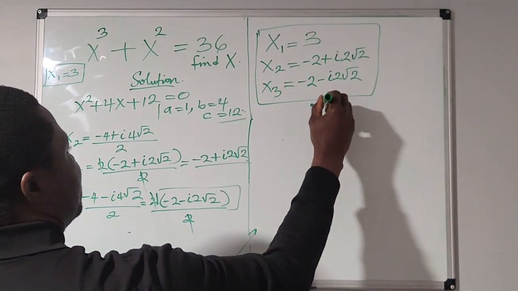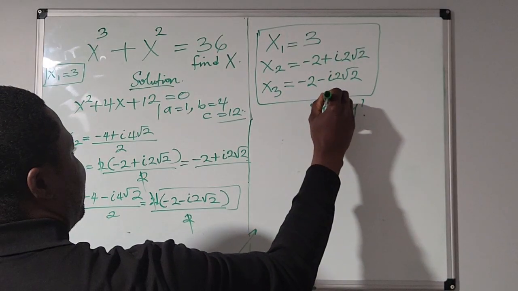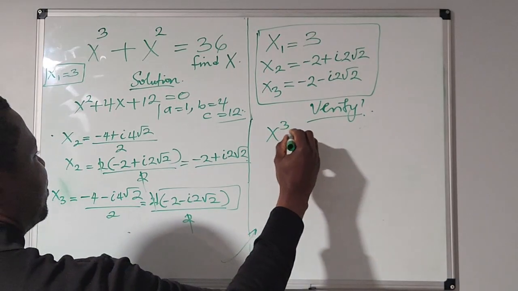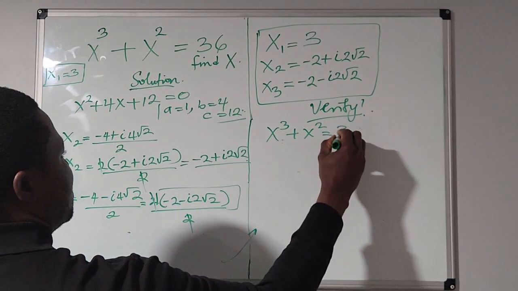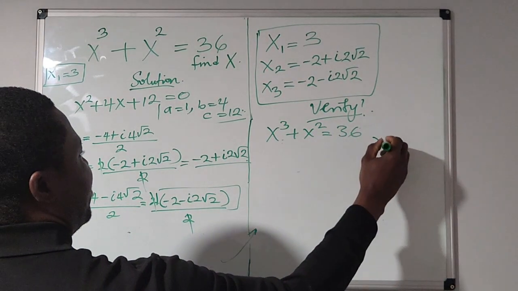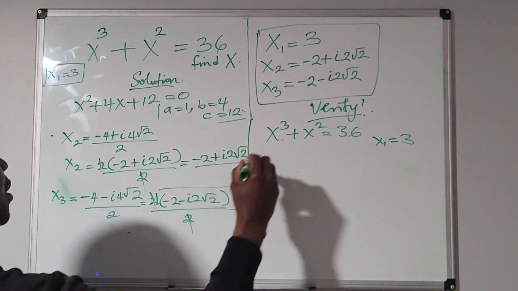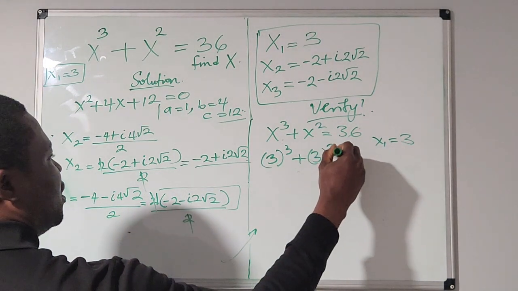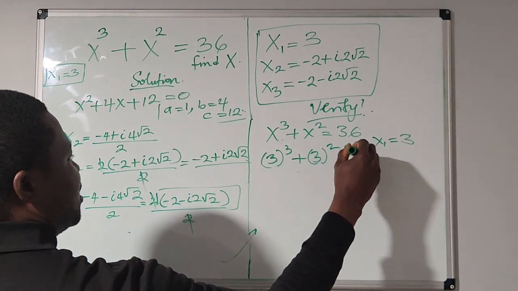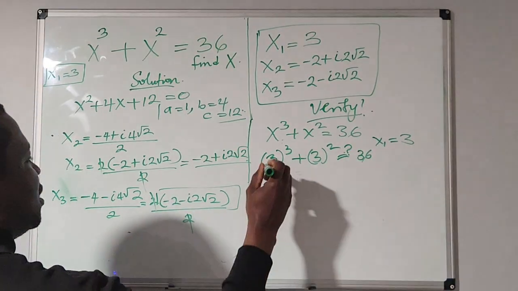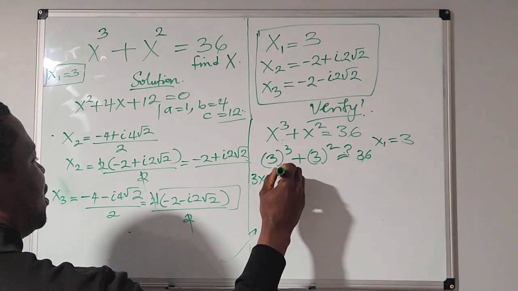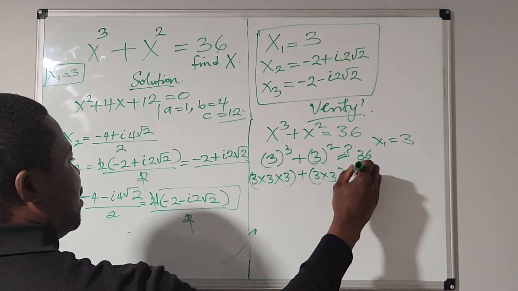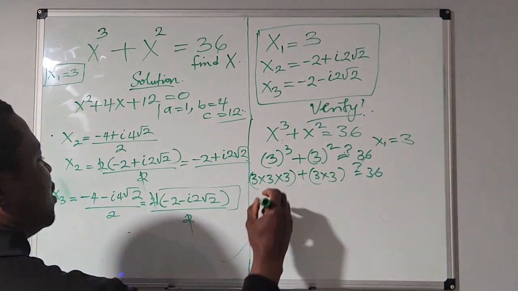Now, for us to verify to see if our answer is really correct, we have that x cubed plus x squared is equal to 36. So let's employ the value of x1, which is 3. So we have 3 cubed plus 3 squared. We're trying to find out if it is equal to 36. 3 times 3 times 3 plus 3 times 3, is that equal to 36?